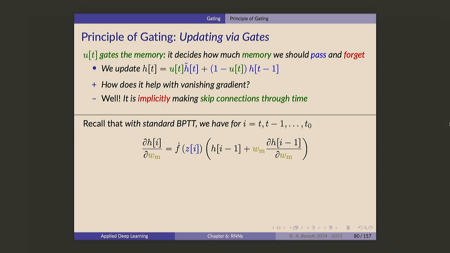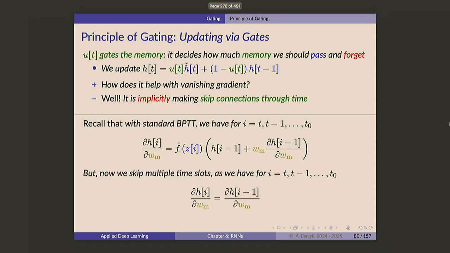But with the idea of gating, in the dummy example I gave you, at this time that you want to just take the memory, that memory is exactly the memory in the previous time, and exactly the memory in the second previous time; the memory is always the same up to Julia. Now, the gradient that you are computing is exactly the gradient of the hidden state you computed at time Julia. So it means that you somehow implicitly connected this time directly to Julia. Everybody's clear? So this is a skip connection over time.